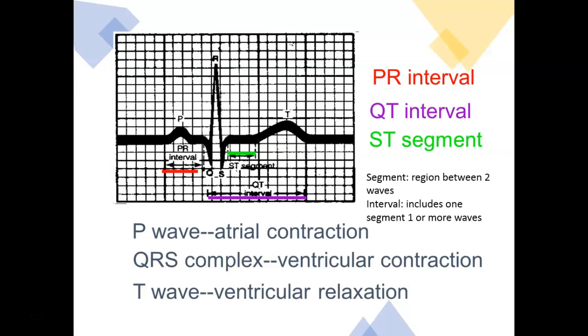Now remember, in order for a muscle cell to contract once, it has to reset, relax, and repolarize so that it can contract again. So the T wave is where you see the ventricular relaxation and repolarization. Well, what about the atrial repolarization? Don't we need those cells to depolarize and reset?